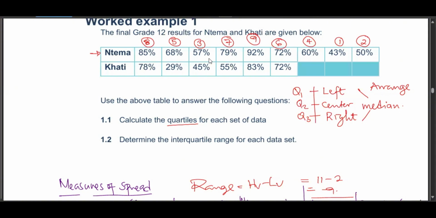What I'm going to do is write down the arranged data.